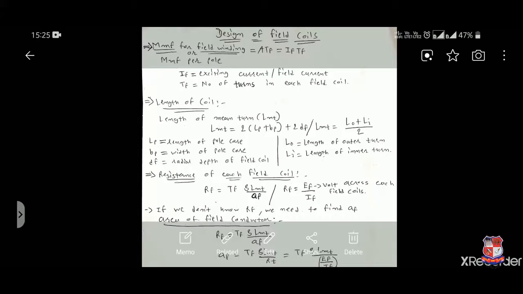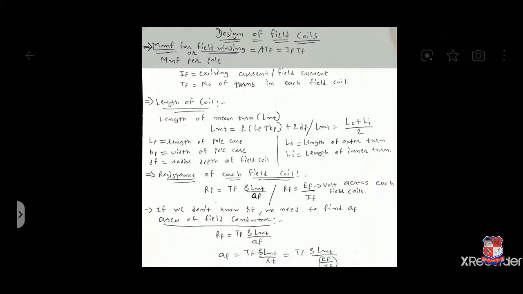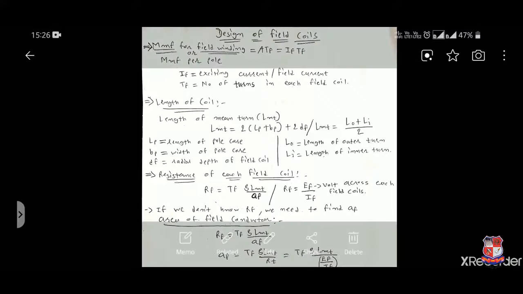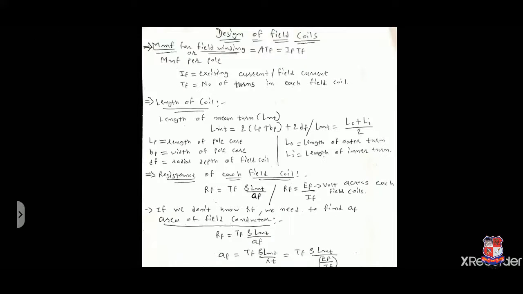This is one equation in which LP is the length of the pole core, BP is the width of the pole core, and DF is the radial depth of field coil. It is given in terms of the pole. In another way, sometimes we are given the outer turn and inner turn. In that case we can use the equation LMT is equal to LO plus LI by 2, where LO and LI are nothing but the length of the outer turn and the length of the inner turn.